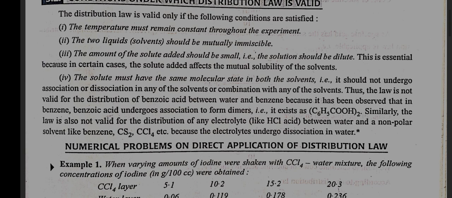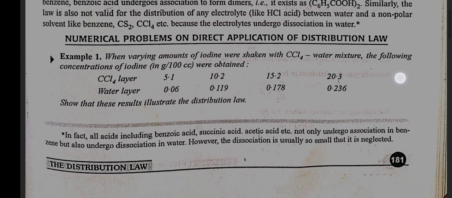Similarly, the law is not valid for the distribution of any electrolyte between water and a non-polar solvent like benzene, CS2, CCl4, etc. because the electrolytes undergo dissociation in water.